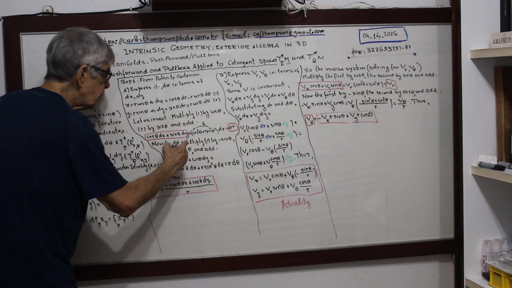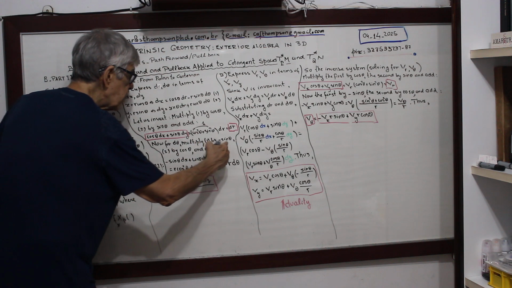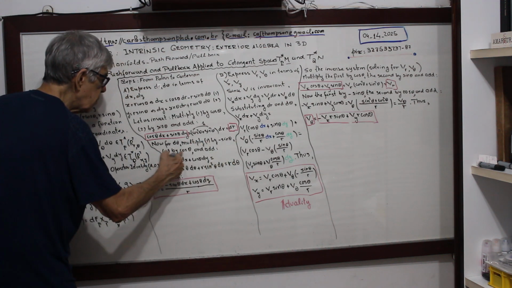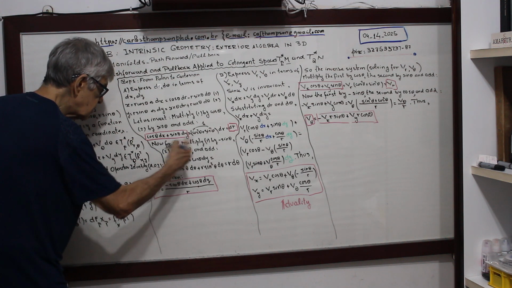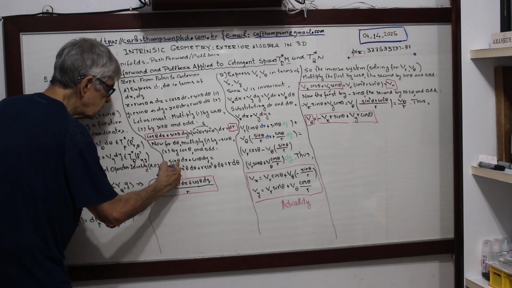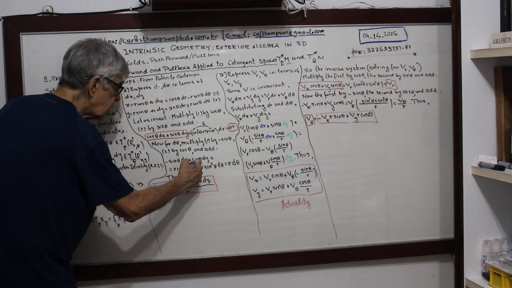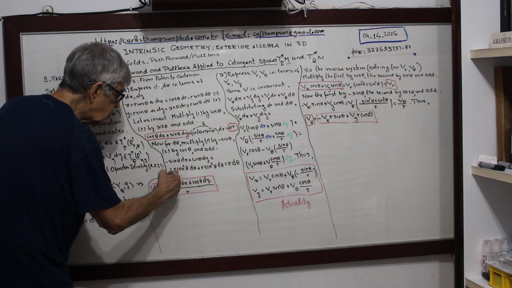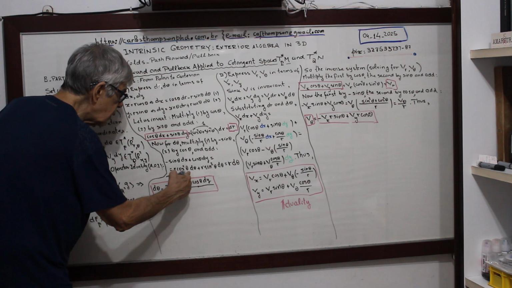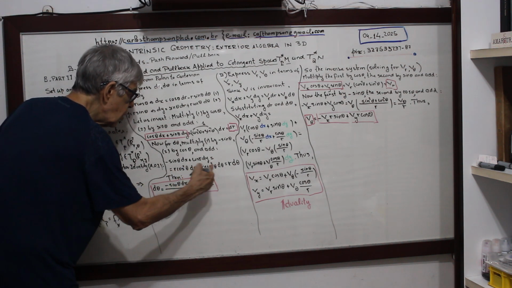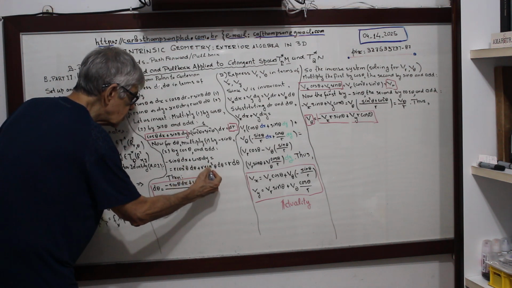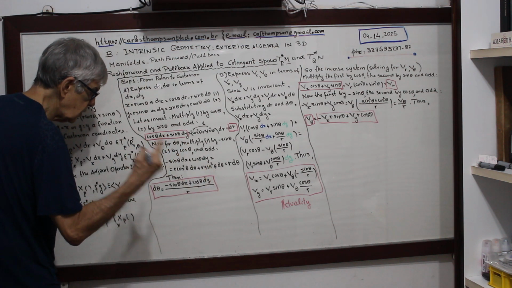Now for d theta, again, multiply 1 by minus sine theta and 2 by cosine theta and add. Then this leads to minus sine theta dx plus cosine theta dy equal to r cosine squared theta d theta plus r sine squared theta d theta. Again, sine squared plus cosine squared is equal to 1.